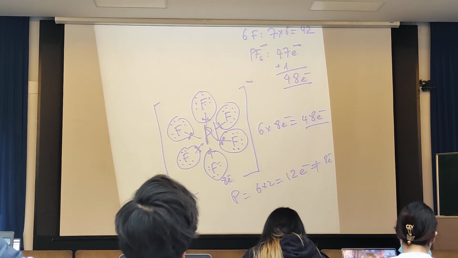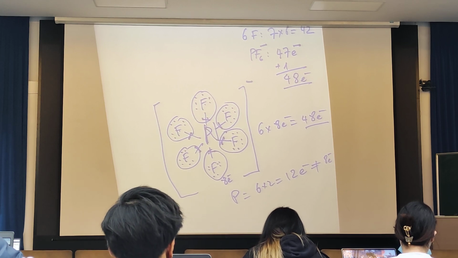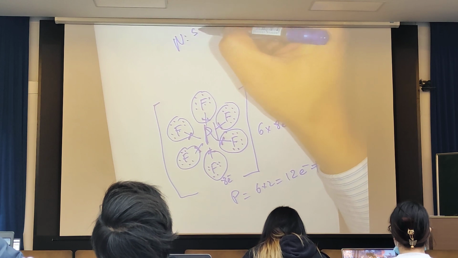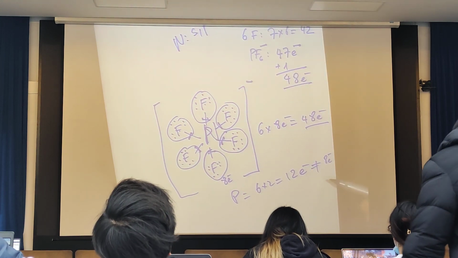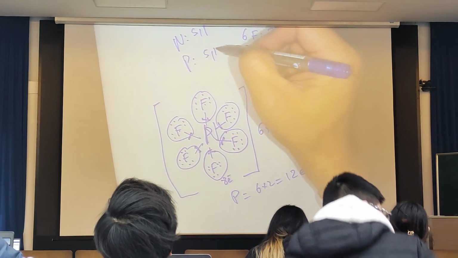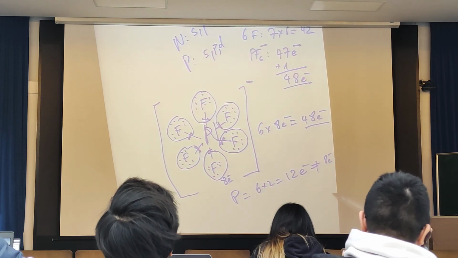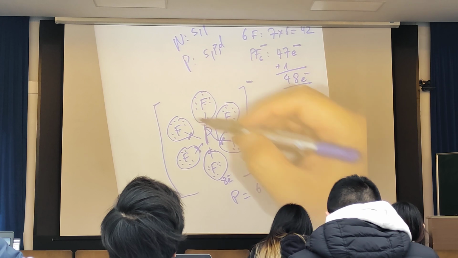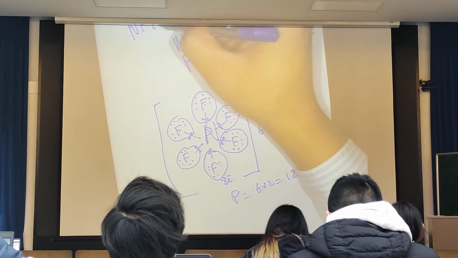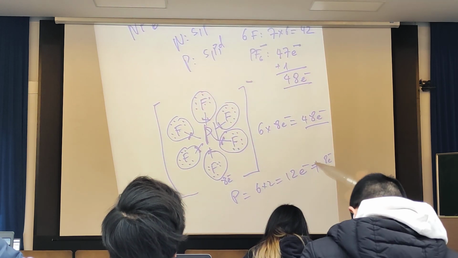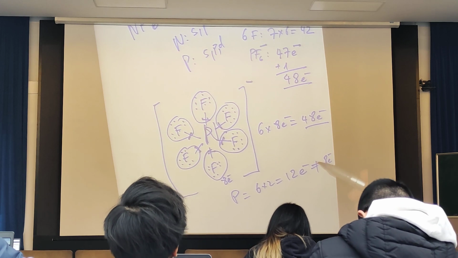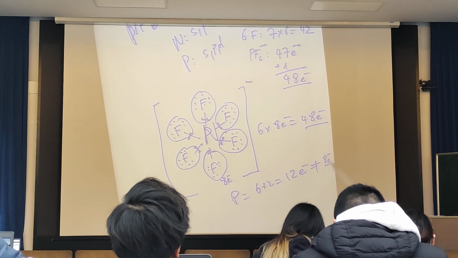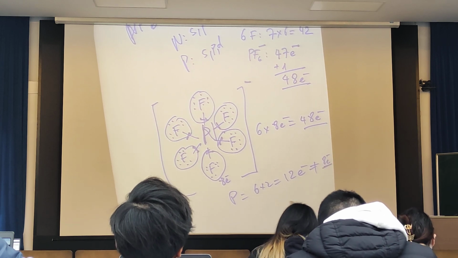Okay? Because nitrogen can only accept 8 electrons. Because nitrogen has only S and P orbitals. But phosphorus has S, P, and D. Okay? So if you talk about the compound NF6, the compound will not exist. Okay? But PF6 is allowed even though you have more than 8 electrons because you have D orbitals.